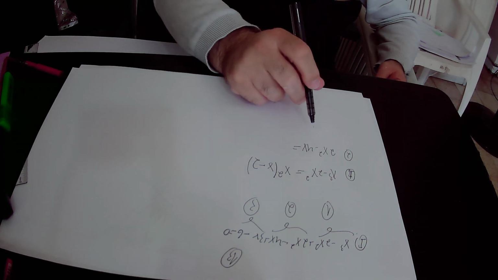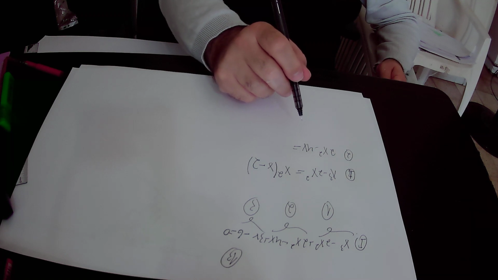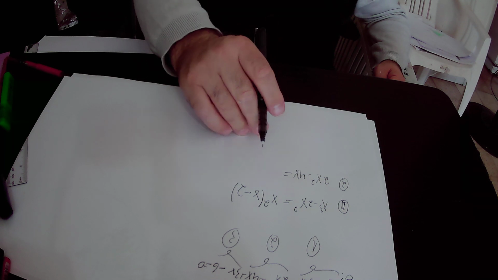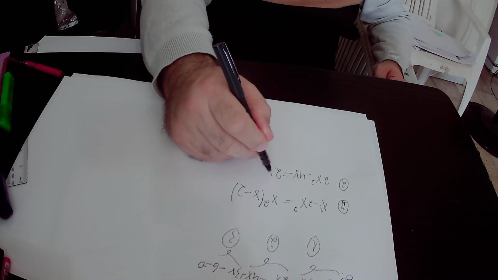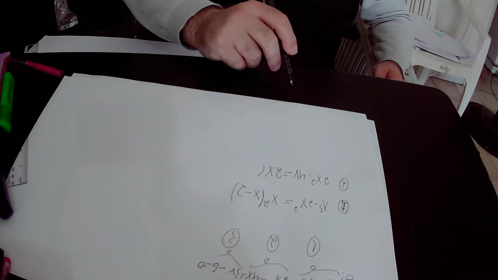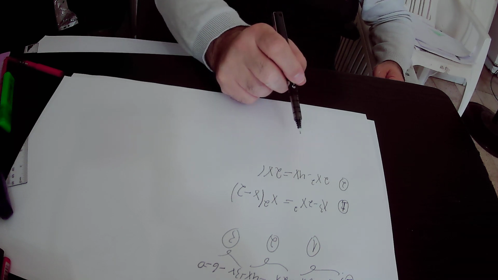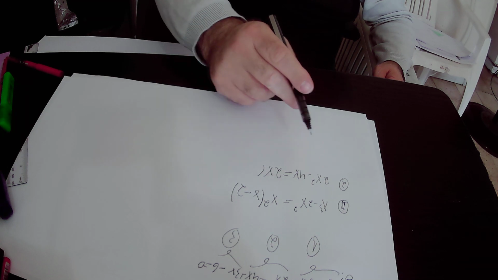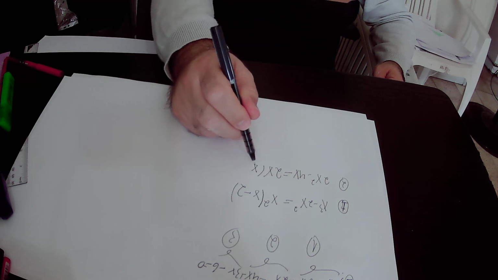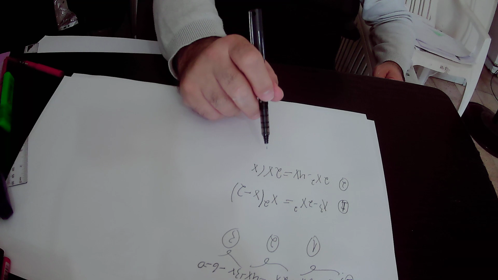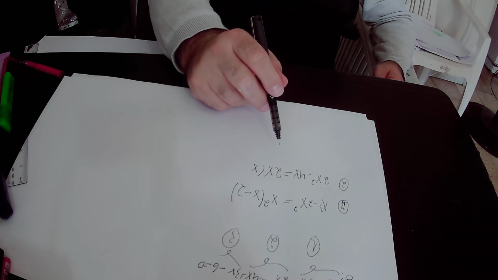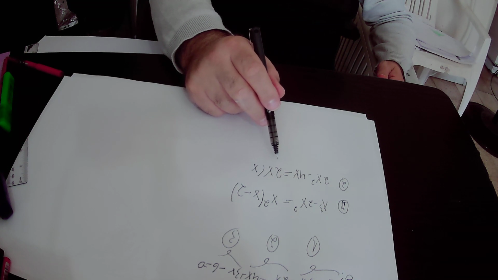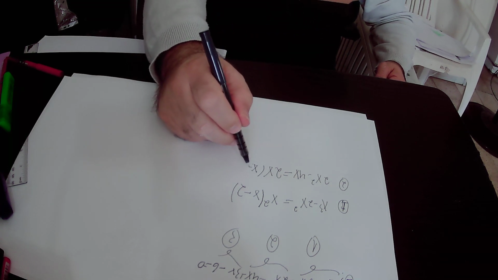Here we'll take out a common factor of 2x. What is left from 2x squared inside the brackets is x, and what is left from minus 4x is minus 2.